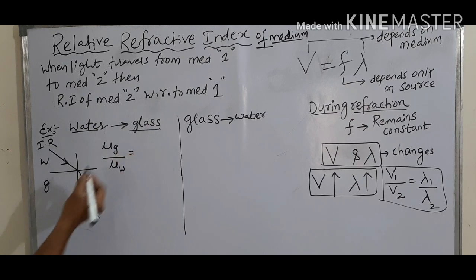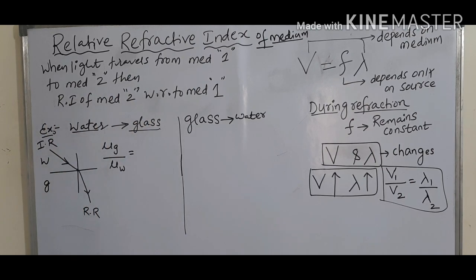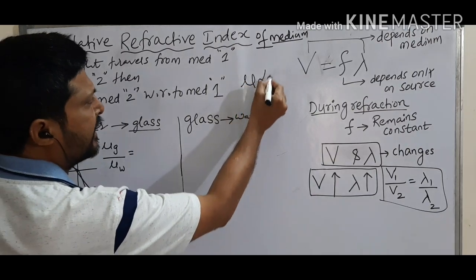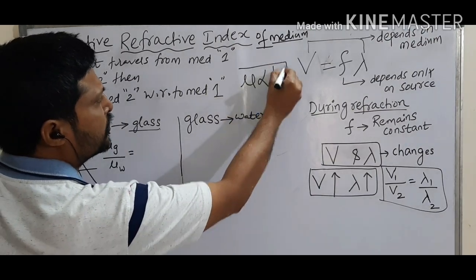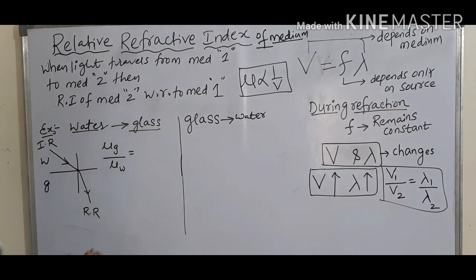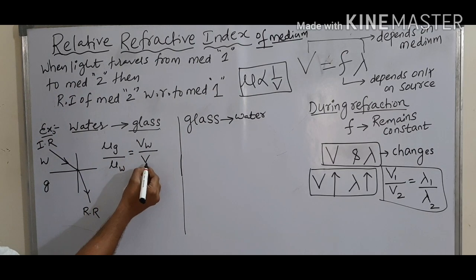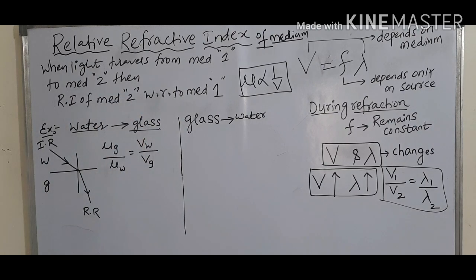This is equal to, as we know from the previous session, refractive index is inversely proportional to the speed of light. So we can write speed of light in water by speed of light in glass.